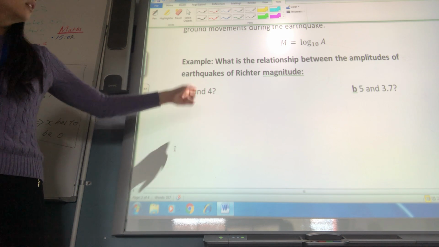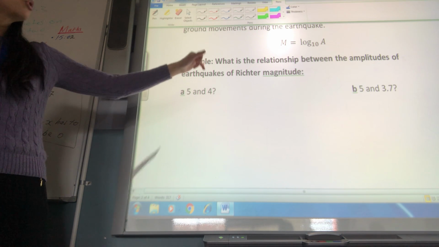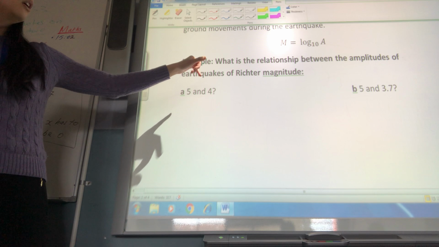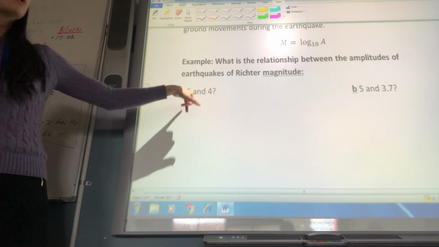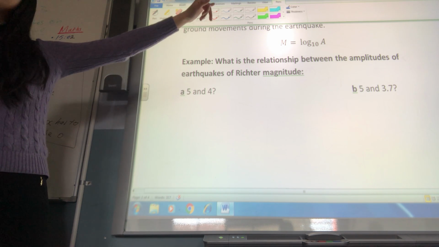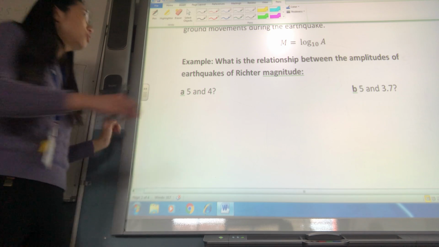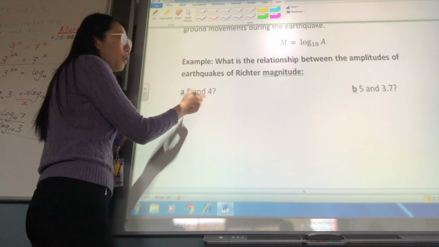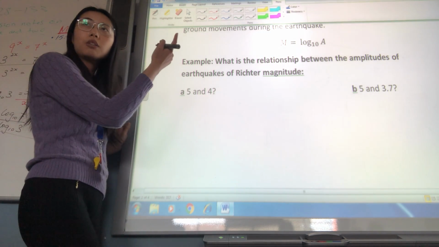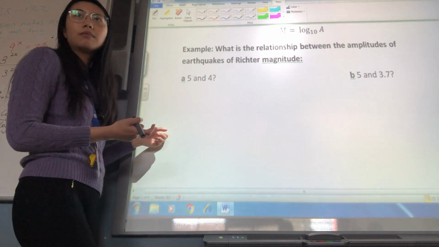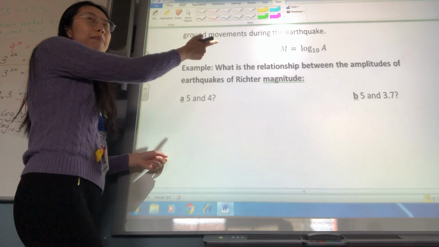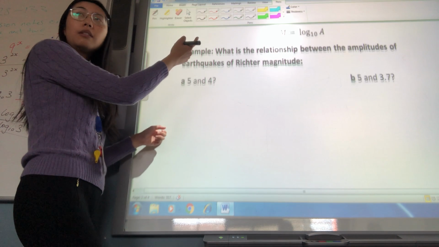It says, what's the relationship between the amplitudes of earthquakes of magnitudes 5 and 4. So A for amplitudes, right? So you can do M is equal to 5 or M is equal to 4. Can you do it yourself? In this formula, I just have to substitute M equals 5 and M equals 4, right?